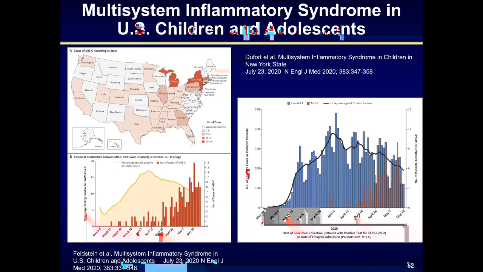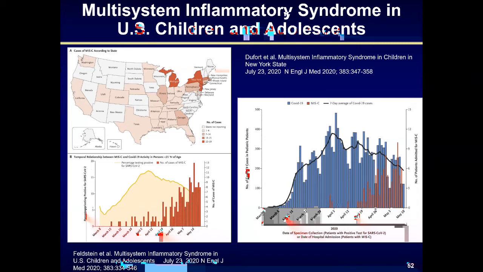And so there are some reports on the data from the US published in the New England Journal. And so the slide on the left shows you the cases across the country. And you notice that the cases began to appear with a little bit of a time lag of several weeks after the peak in cases of PCR positive patients.